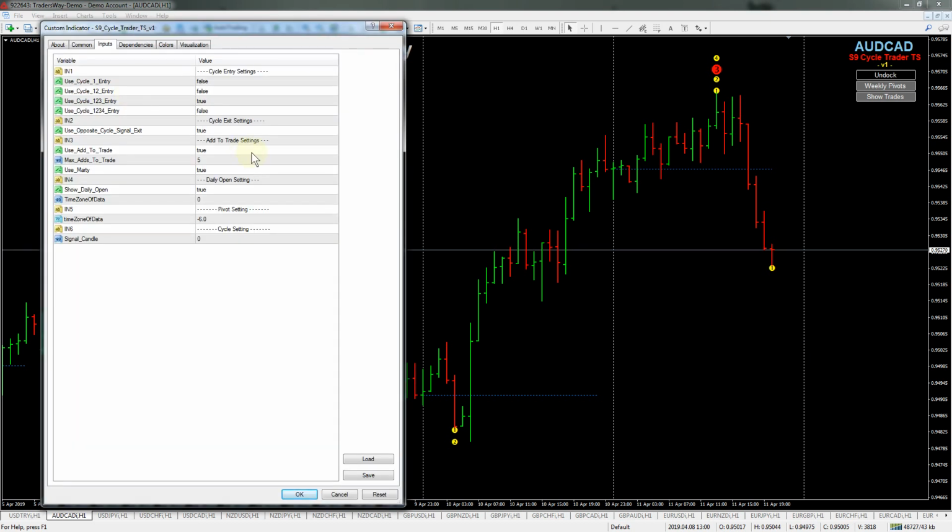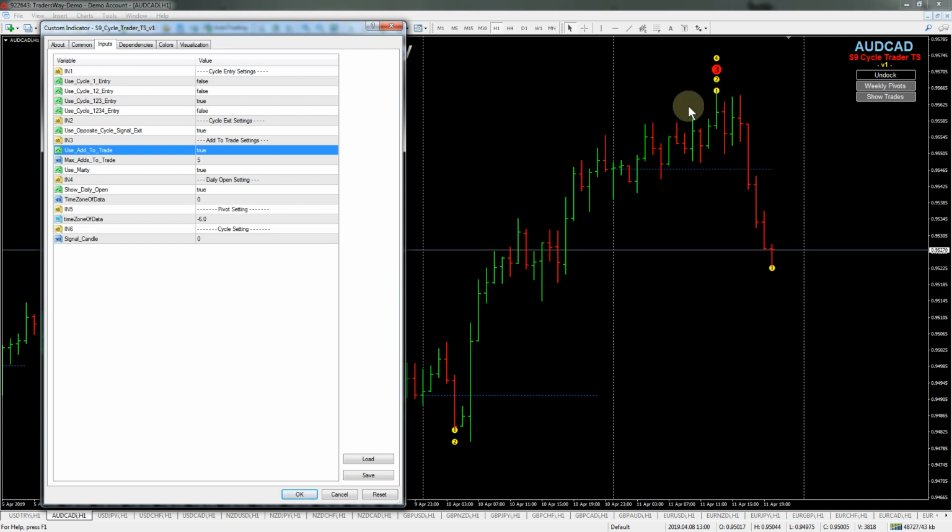Add to trades, default is true. You can do a maximum of 5. And now this add to trade is a little different than we've had in the past. This one does not draw fractal add tos. This one actually looks at confluence of these balls, whatever you're using.